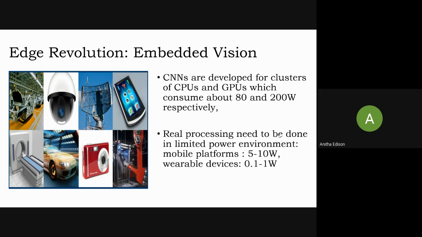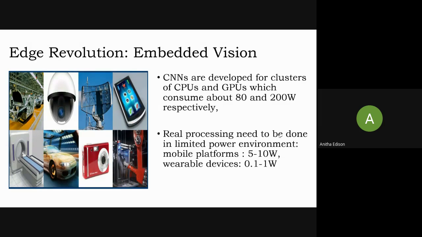So we can't have a very large computer or a large GPU which consumes a lot of power inside these devices. The first thing we need is for the processing to run in real time. Next, we need very small computing devices that consume very little power, because all these applications involve either a wearable device or some mobile platforms. That is what is happening in embedded vision or edge revolution.